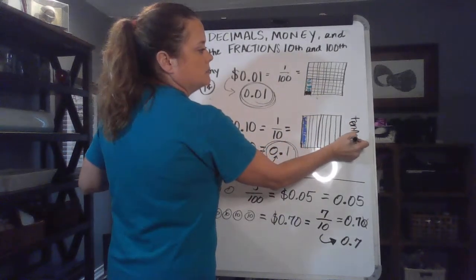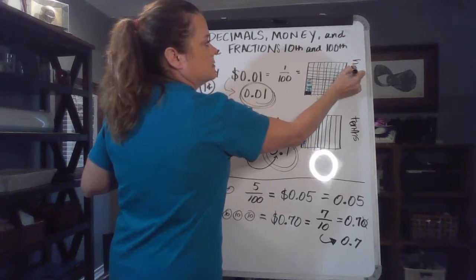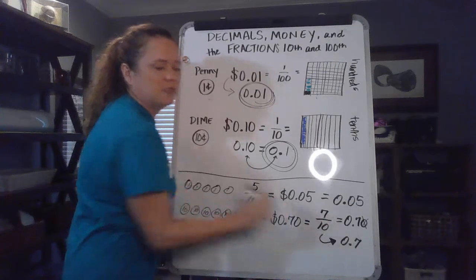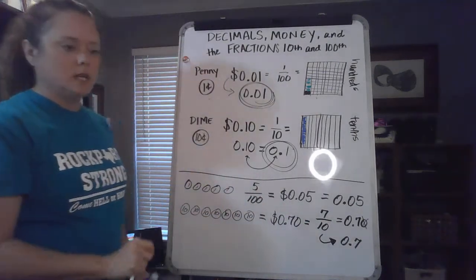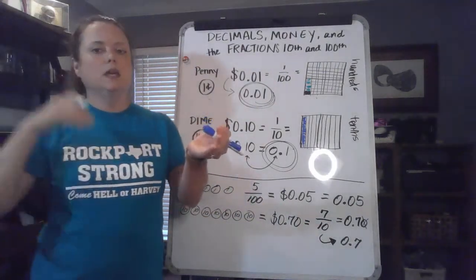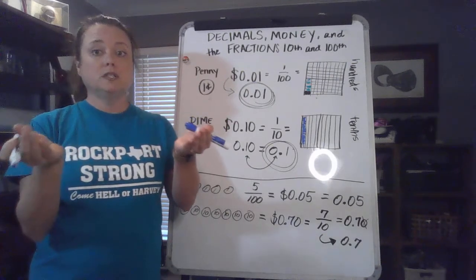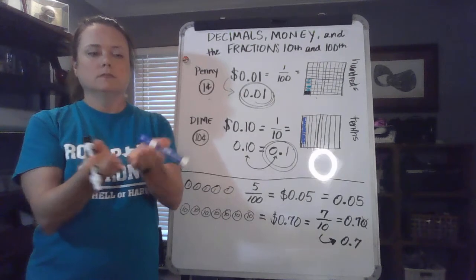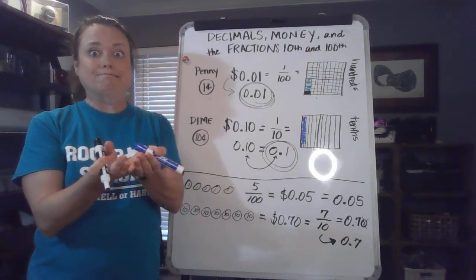Does that make sense? I hope that it does. They are equal to each other, but they look different, just like 10 pennies and 1 dime look different, but they are equal to each other in amount. They look different, but they're the same.